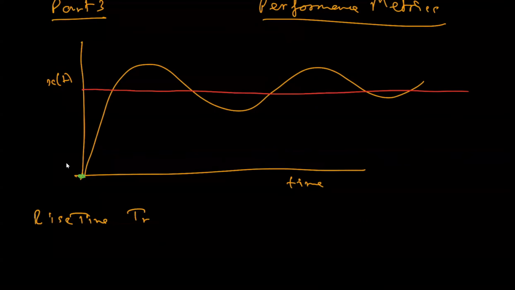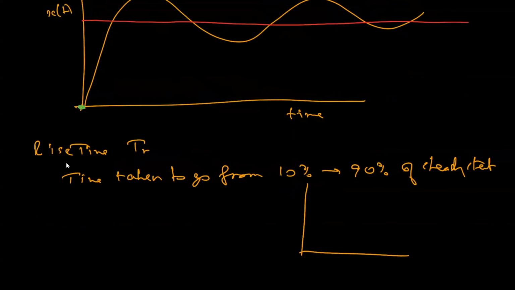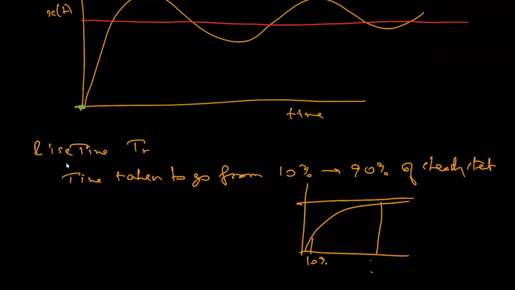If zeta is greater than 1, the rise time is similar to the first order one, which is the time taken to go from 10% to 90% of the steady state, okay? Now that's okay when you have some kind of monotonic thing like that. You just measure the time at 10%, and measure the time at 90%, right? That's the 90% across here, and that's the 10% across there.